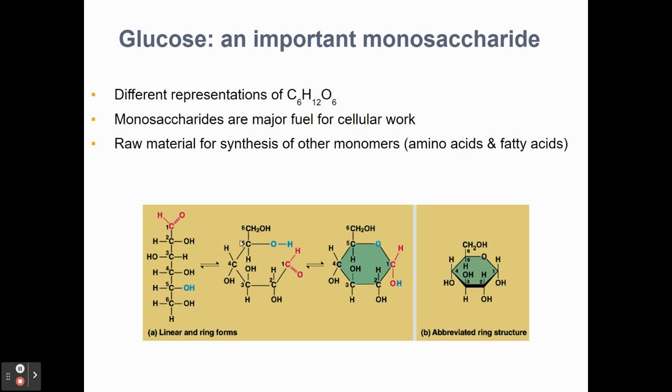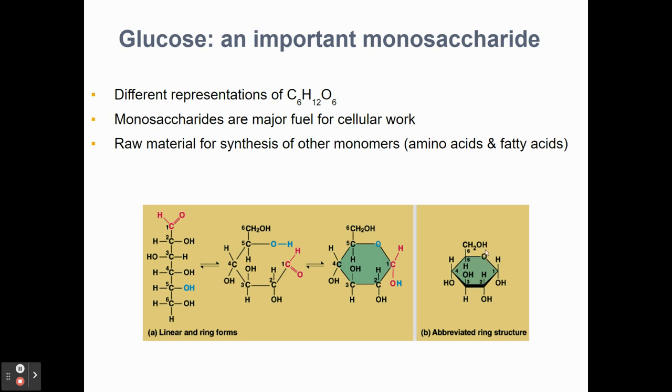What you notice here is we can see all the carbons in this linear form, and you can see the carbons in this ring-shaped form. In this particular model, you do not see the carbons labeled, and we assume there's a carbon at all of these points. There's a carbon there, there, there, there, and there's my 6th carbon over there.